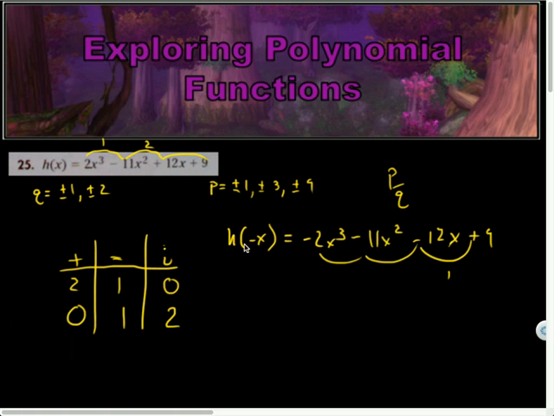So 2 minus 2 is 0. I can't change the number of the negatives, so these are my 2 possible situations. I know that there will be at least 1 negative answer and possibly 2 or 0 positive answers. All right, so that's going to help us narrow down our search.